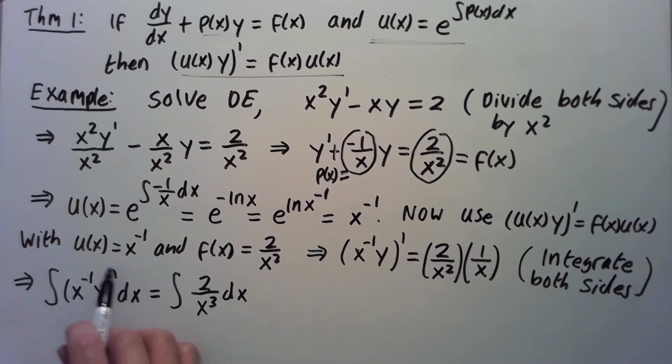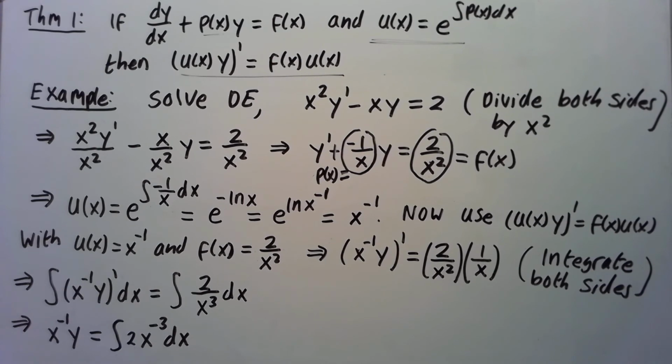But here we're integrating a derivative, so on this side the integral and the derivative will cancel, so it'll just be x to the minus 1 y. This we can write as, we can pull a 2 out and write this as x to the minus 3. So I'm writing it as x to the minus 3 here.